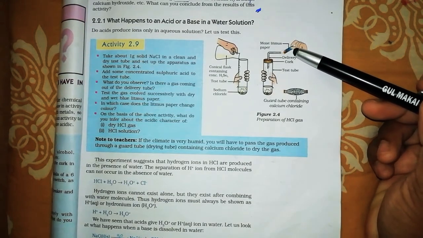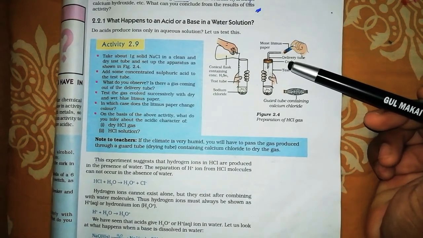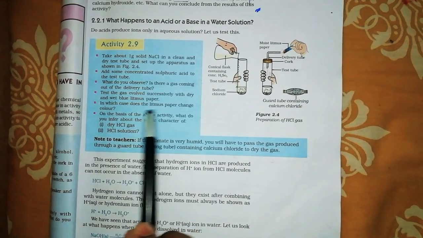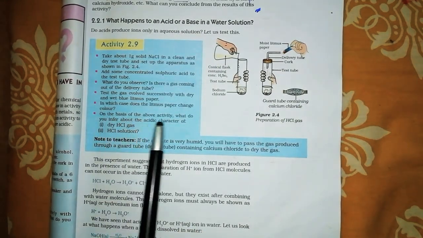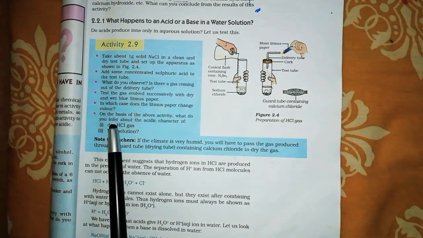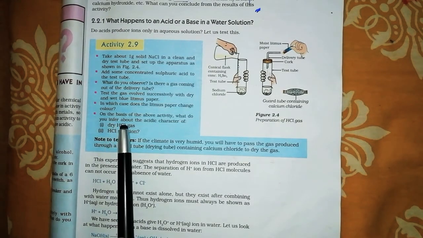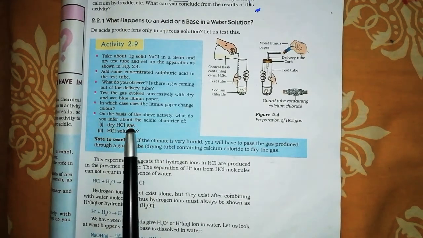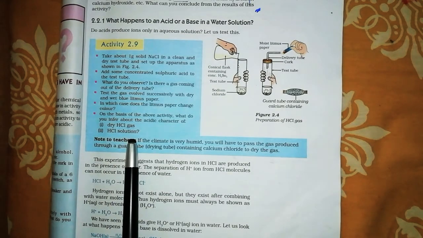The reason is the gas coming out is an acidic gas. In which case does litmus paper change color? On the basis of the above activity, we are going to infer the acidic character of dry hydrochloric acid and hydrochloric acid solution.